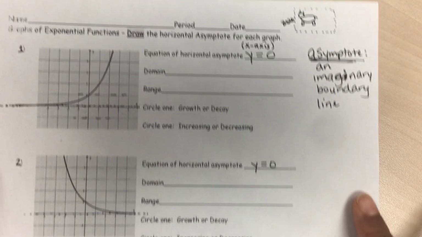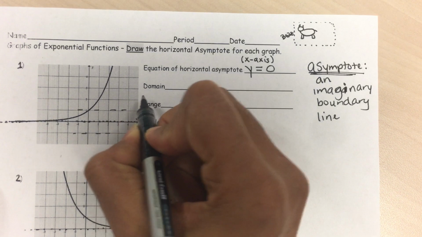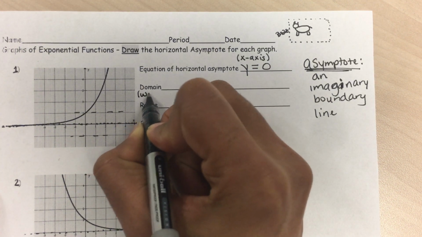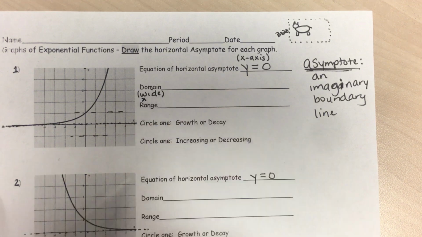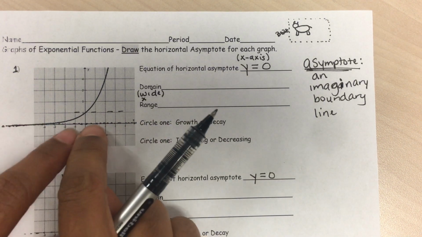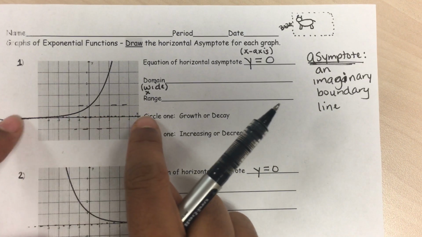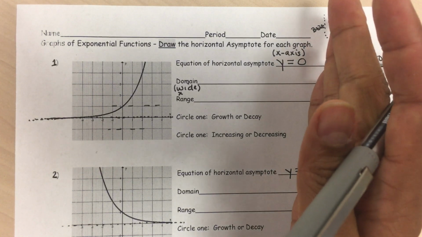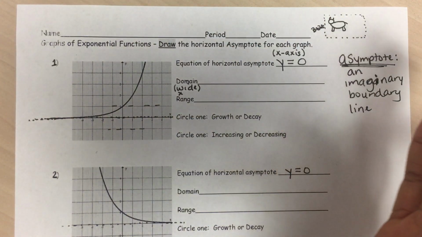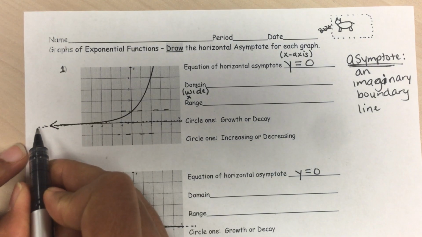Okay, now let's talk about domain and range. So remember, domain talks about how wide my graph is, and it's discussing my x values, my x, okay? So x-axis is here. So what values of the x-axis are eventually going to contain this graph? Like, am I going to be able to draw a box around it? Okay, not really.